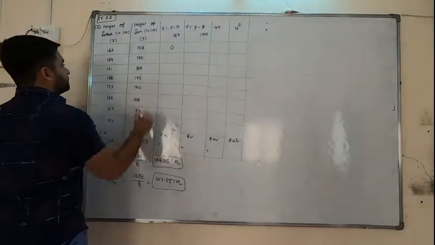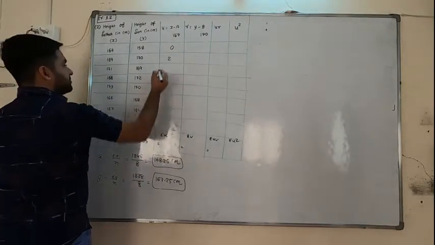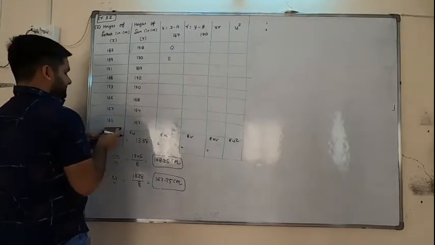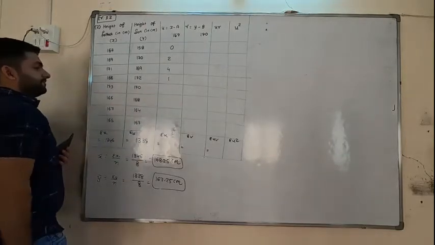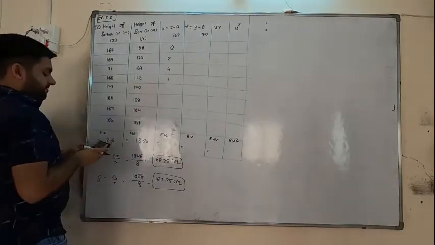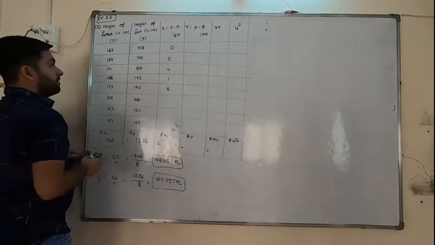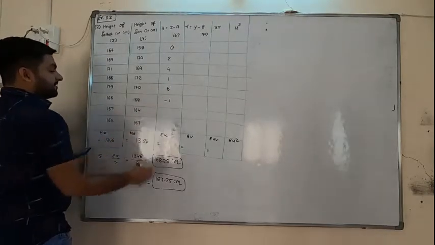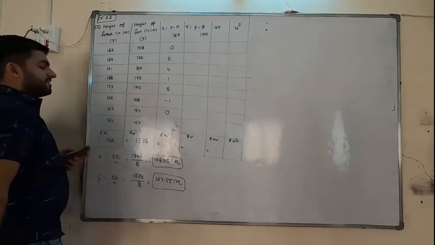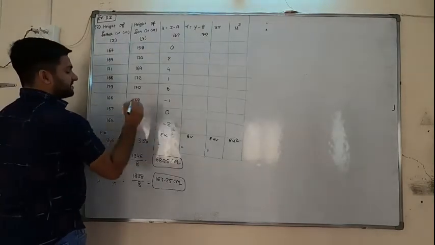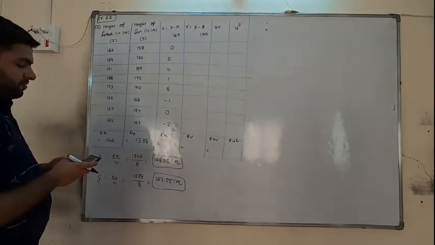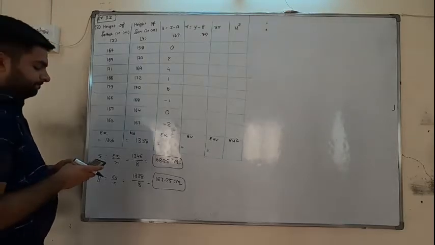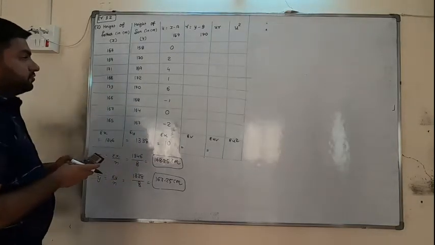So 167 minus 167 is 0, 169 minus 167 is 2, 171 minus 167 is 4, 168 minus 167 is 1, 173 minus 167 is 6, 166 minus 167 is minus 1, 167 minus 167 is 0, 165 minus 167 is minus 2. Adding 2 plus 4 plus 1 plus 6 minus 2 and minus 1, it's 10.